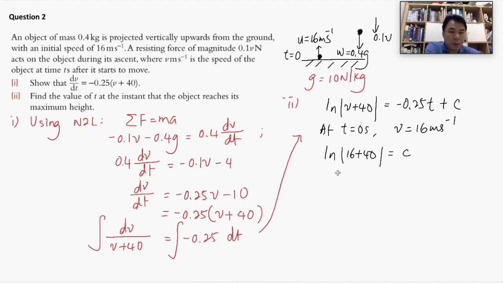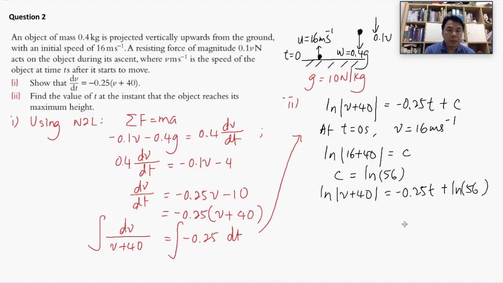And then we can write down c as ln 56 here. And then after that, we can conclude the equation for velocity by rewriting that, plus ln 56.